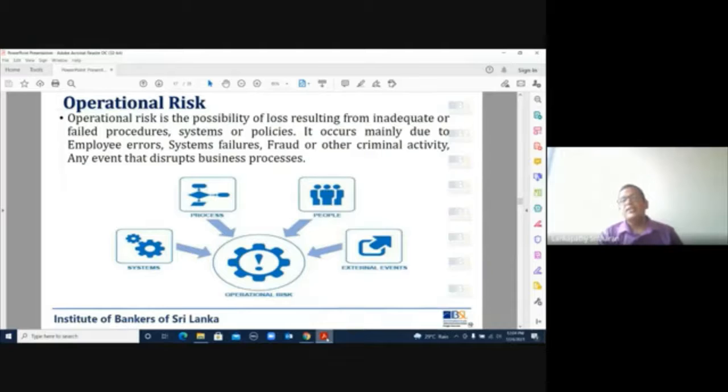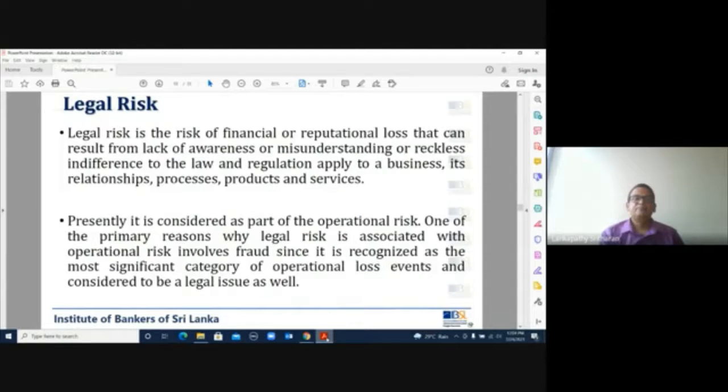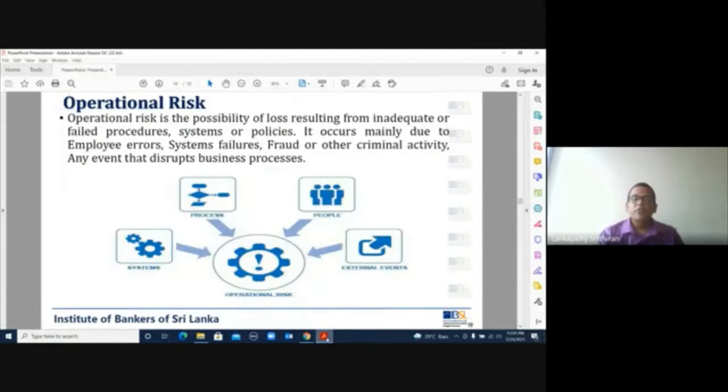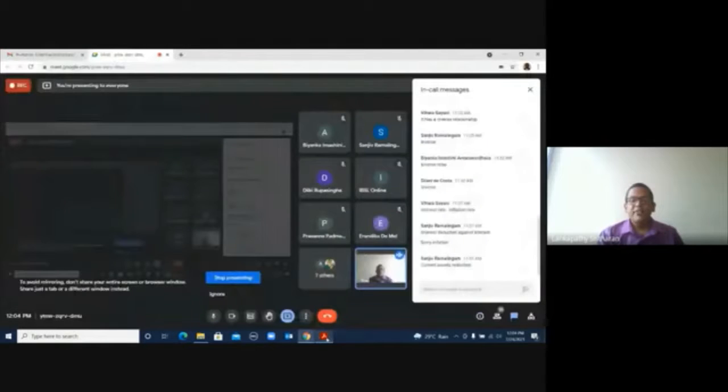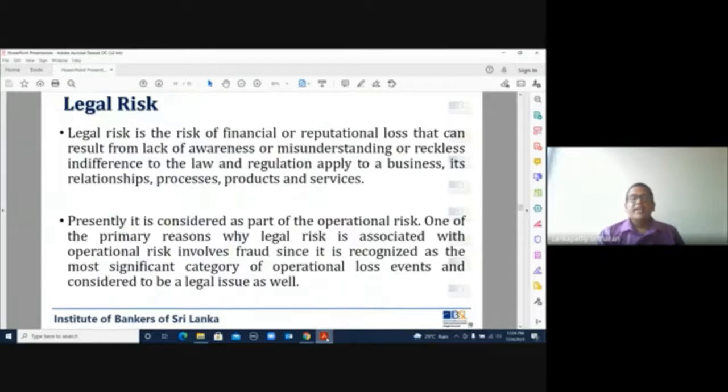It occurs mainly due to employees' error, system failure, fraud, or other criminal activity. Any event that disturbs the business process may be called an operational risk. Before moving to the legal risk, if you have any question, you can ask. Okay, then I'm moving to the legal risk.